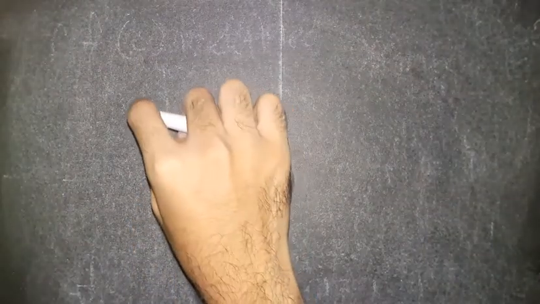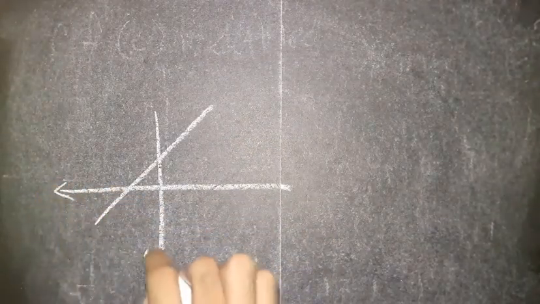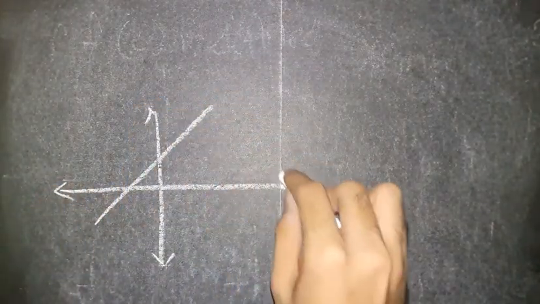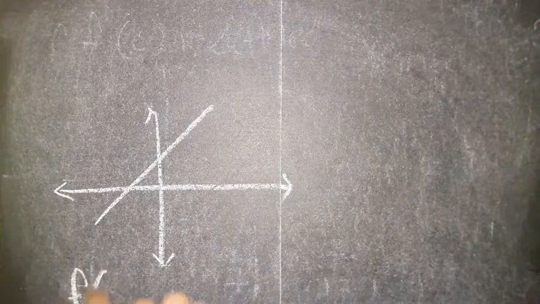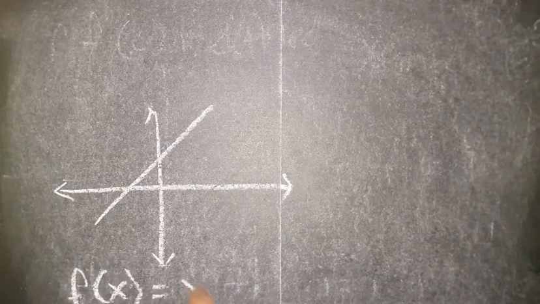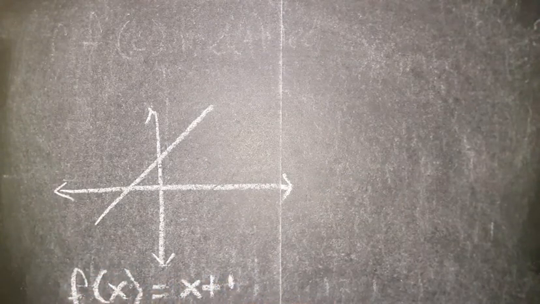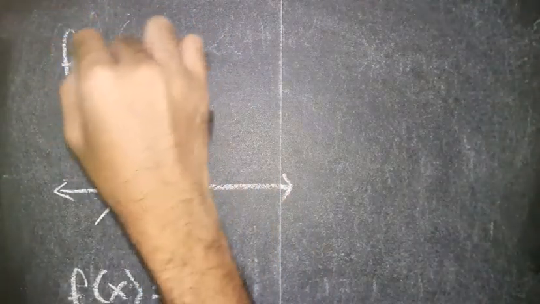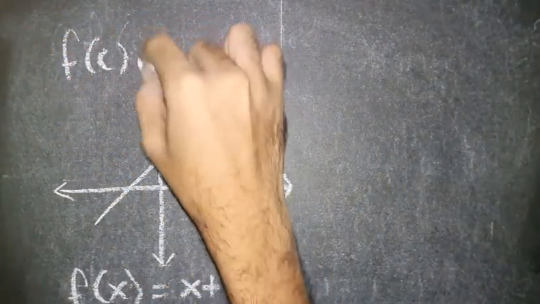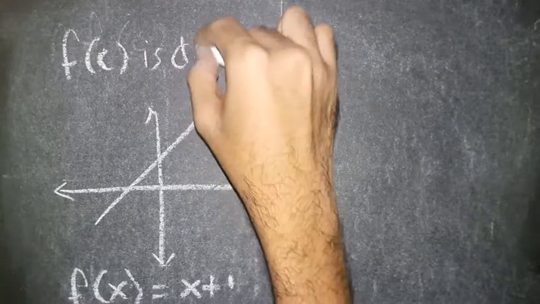And now, to explain the conditions further, let's take the graph of f of x is equal to x plus 1 as an example. According to the first condition, f of c must be defined.